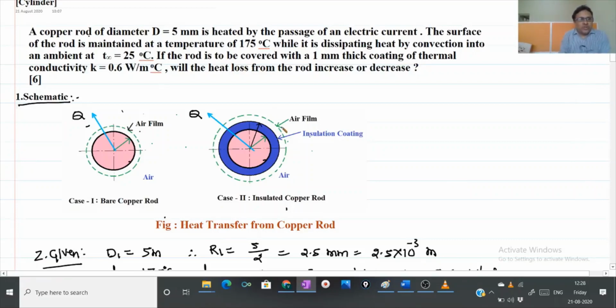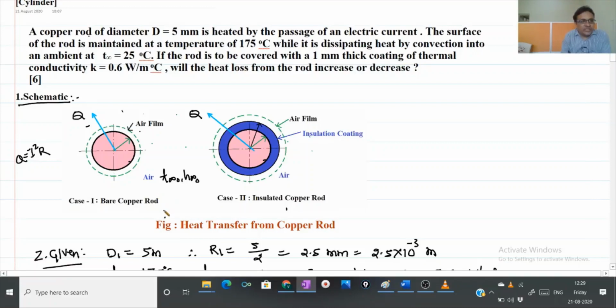So in order to solve this problem, let us first draw the schematic. There is a copper rod. It is exposed to the air having temperature T infinity O and convective heat transfer coefficient H infinity O. Let's say through this copper rod, electricity is supplied, and because of I square R, some heat is generated and the copper rod is being heated.